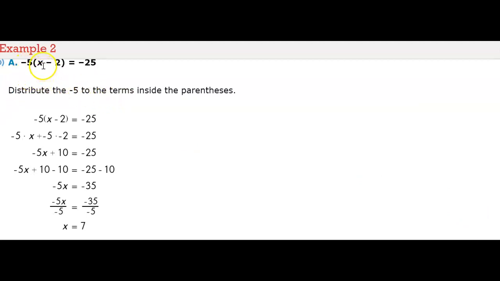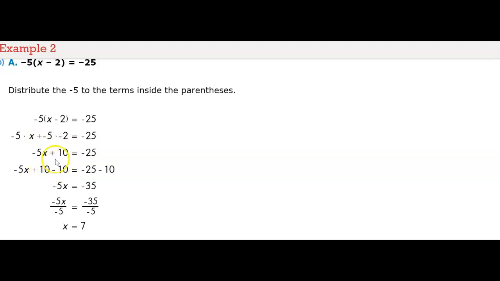So negative 5 times x and negative 5 times the minus 2. So that's what you see here. Then we have to simplify on this side. So we have negative 5 times x is negative 5x. Negative 5 times negative 2 is positive 10, because they're both negative.